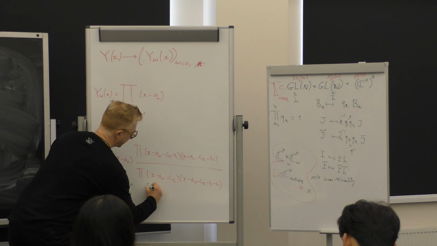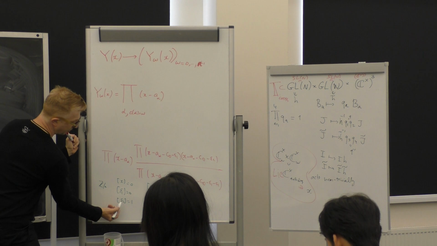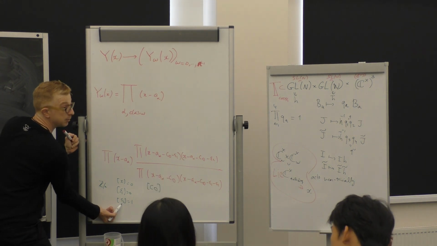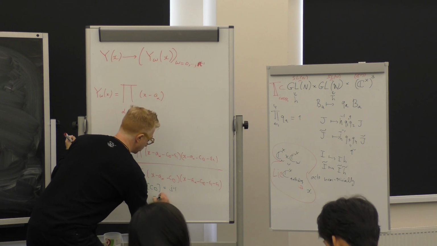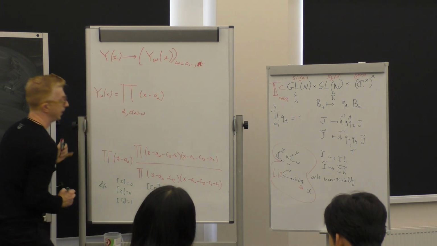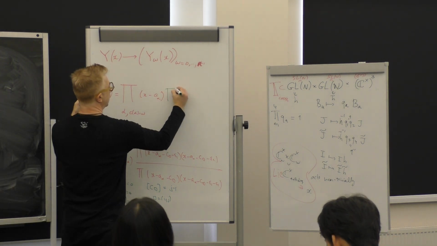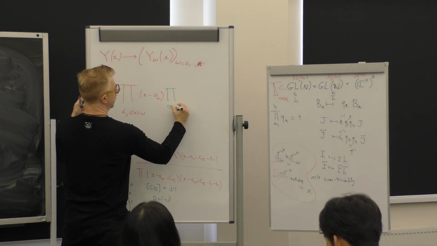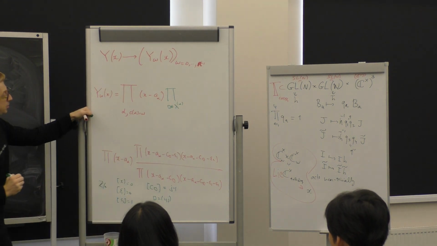And finally, the content of a box carries a representation which is proportional to the number of times epsilon 2 appears in it. So it's j minus 1 when the box has coordinates i and j. And so out of this product, overall, I take a product over all boxes in the representation alpha.